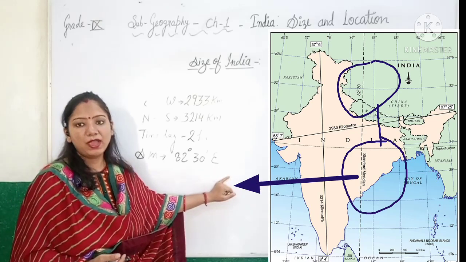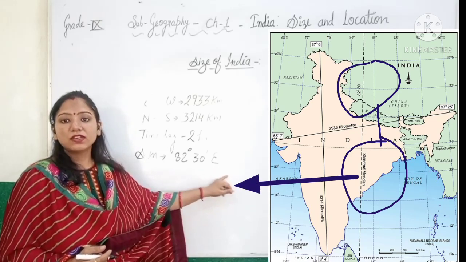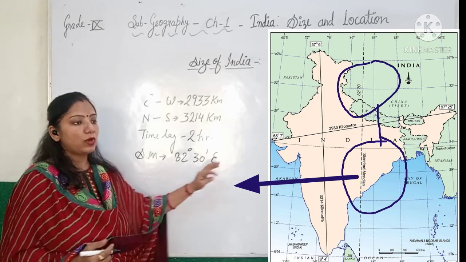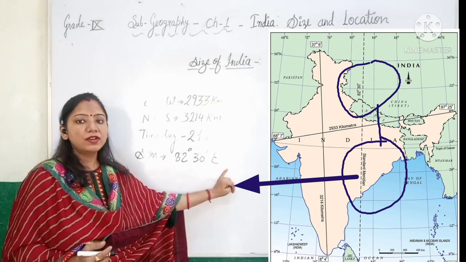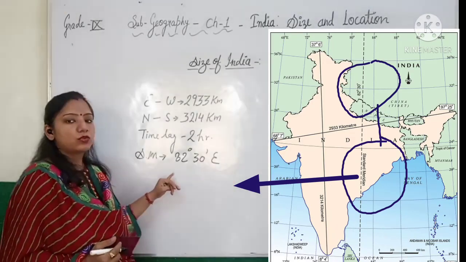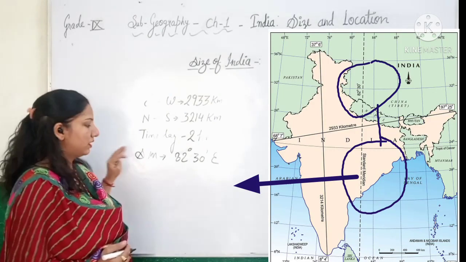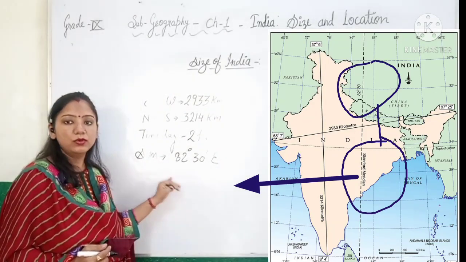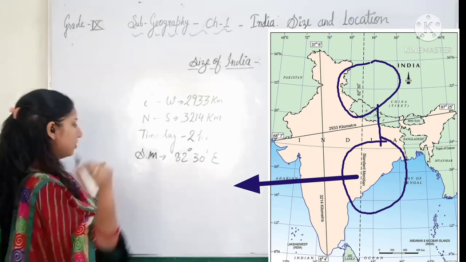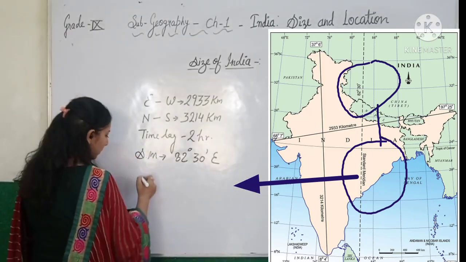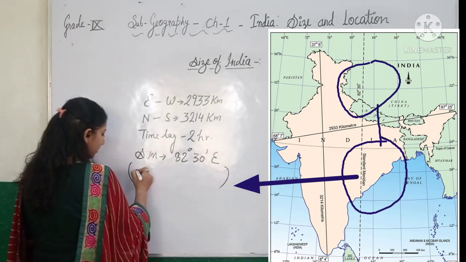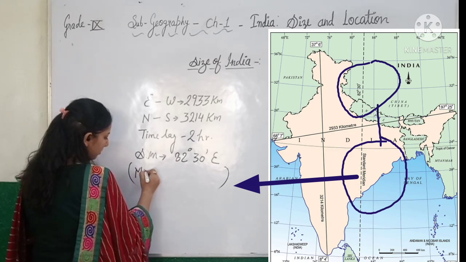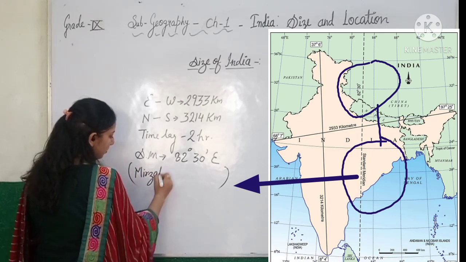This standard meridian equally divides our country into two time zones. One is of 1 hour from Arunachal to Mirzapur, and then again 1 hour from Mirzapur to Gujarat. So this standard meridian is situated in Mirzapur.